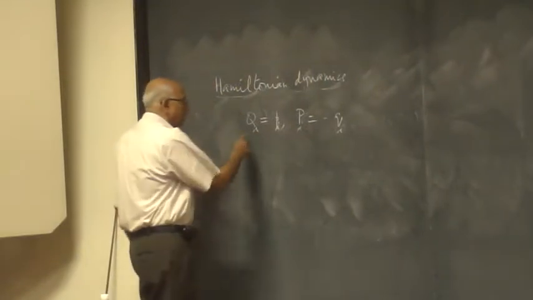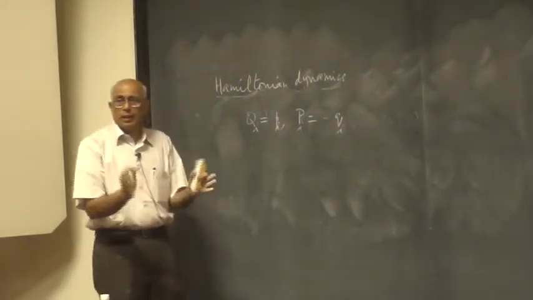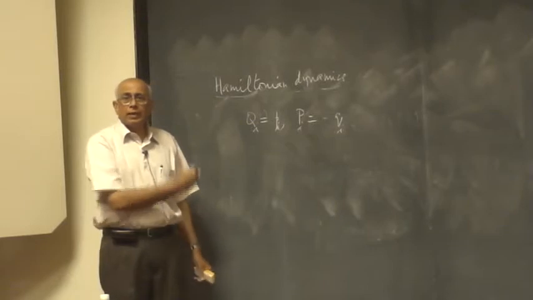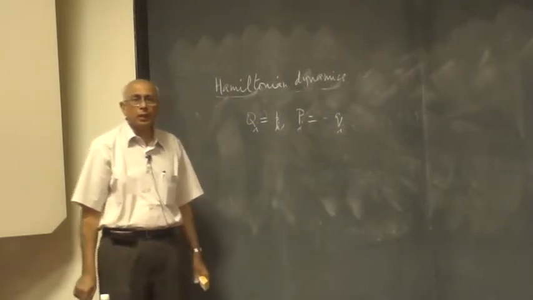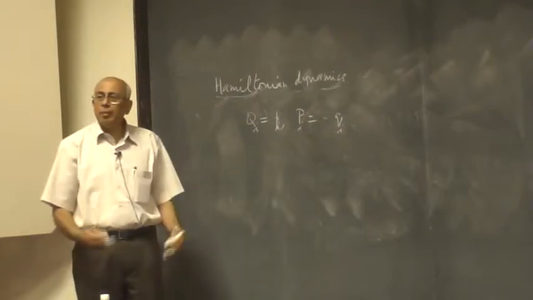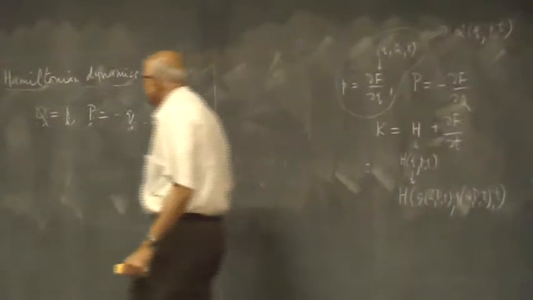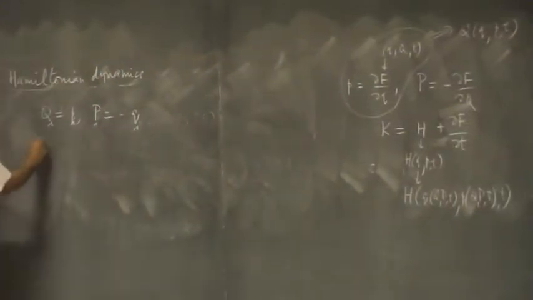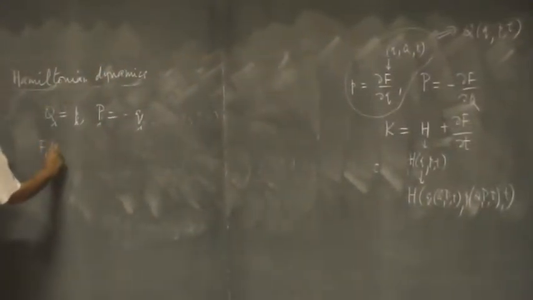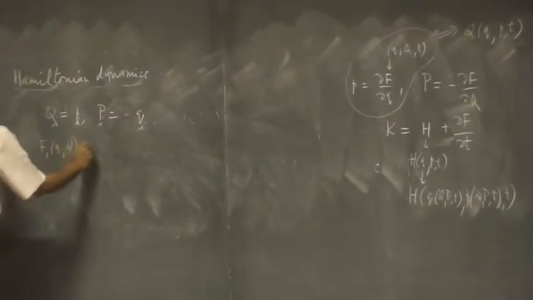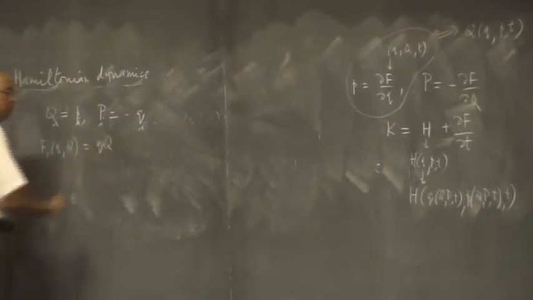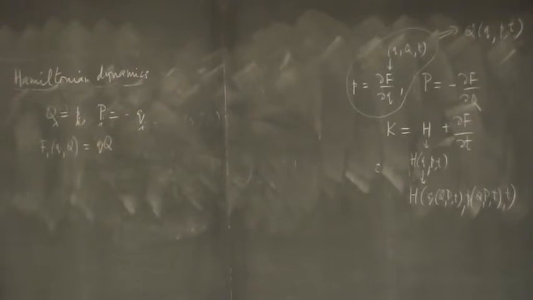You can easily check that the Poisson bracket of Q_i and P_j is delta_ij immediately. So that's a canonical transformation. And what will it be generated by? Well, you can go back here and ask what does this F look like, and it's not very hard to discover that it is classifiable as a canonical transformation of type 1 in which this is just this product, q times Q. And that generates this canonical transformation.